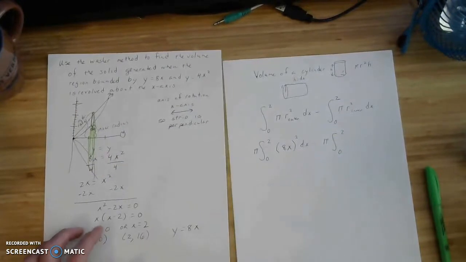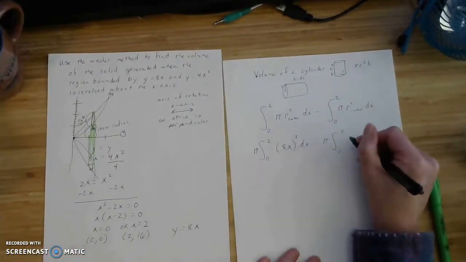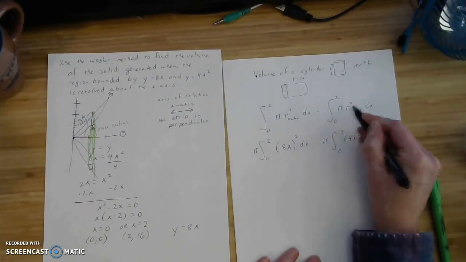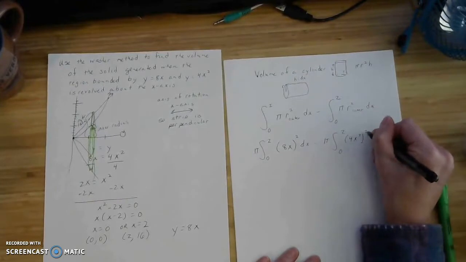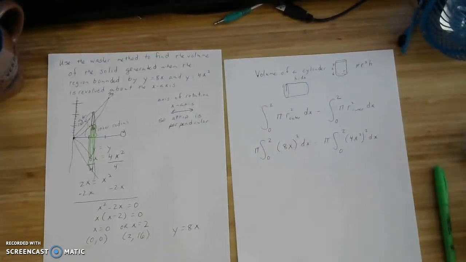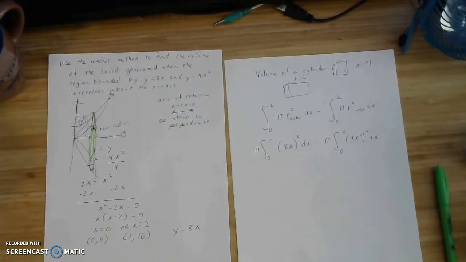So this radius is going to be the y value on the parabola, or 4x squared. And then we have to square it as part of the formula to find the volume of the cylinder. And now we have this. The rest of it is basically algebra and a little bit of calculus, but the setup is here.